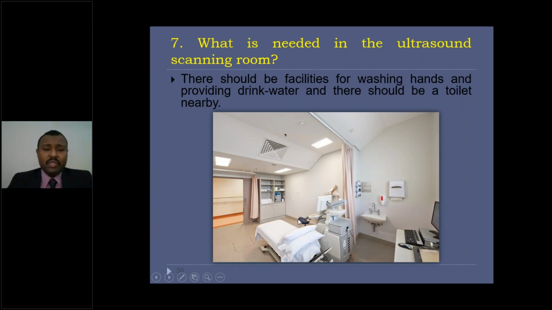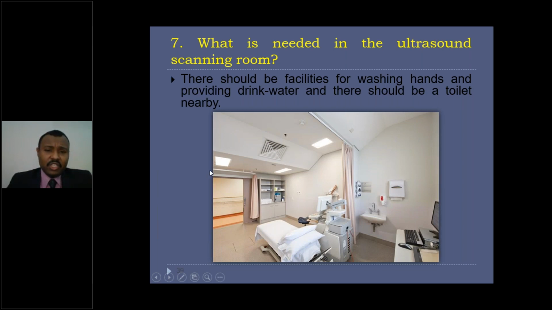After you complete your scanning or examination and you have recorded the needed images, you come to this reporting station to write your report, and you can send it through the hospital system. Also, there is a facility for washing hands, and we have this cupboard where we can store our gadgets related to the ultrasound machine.